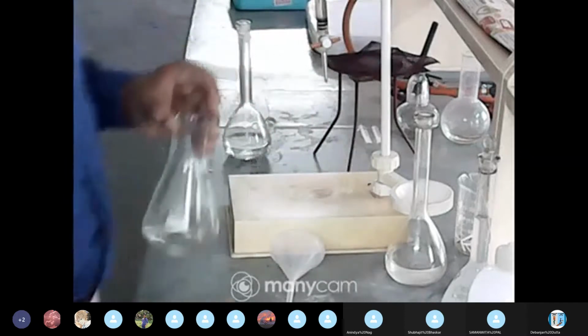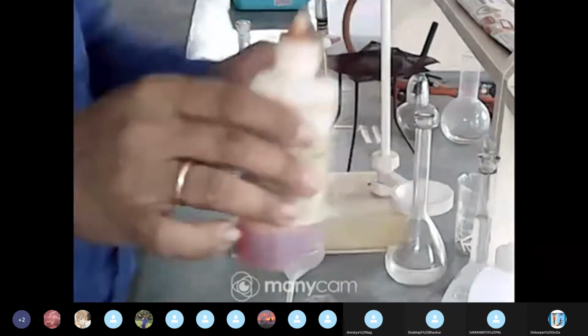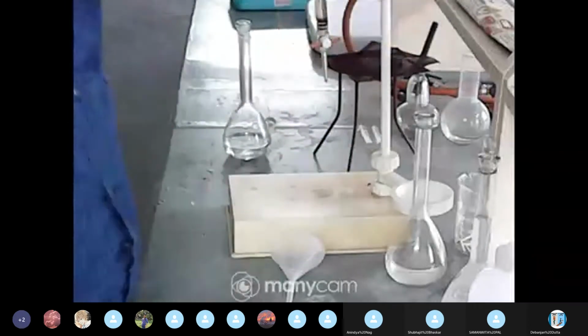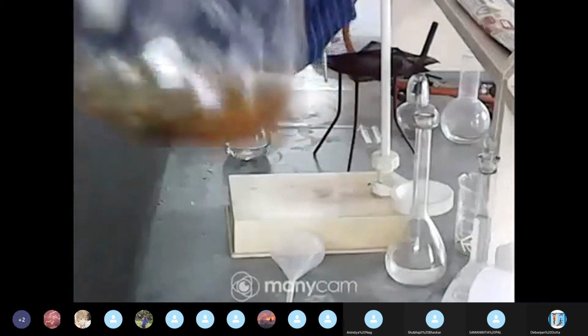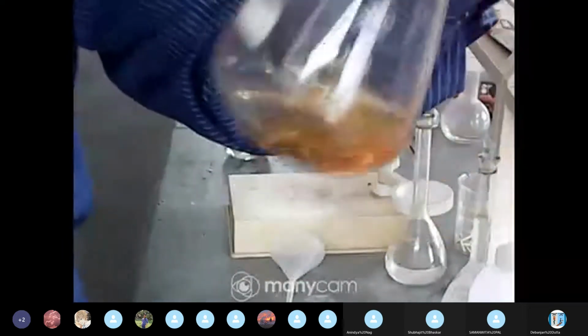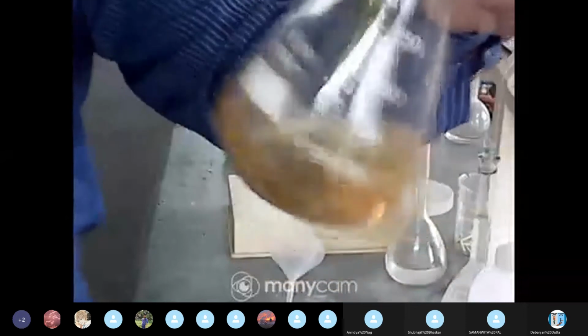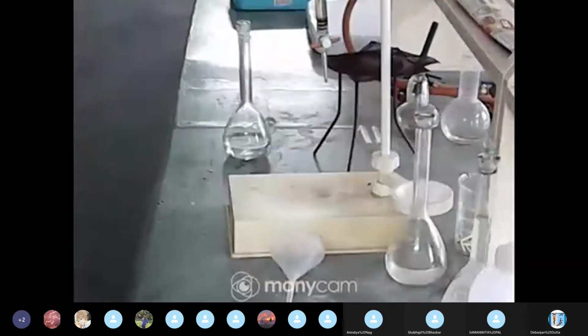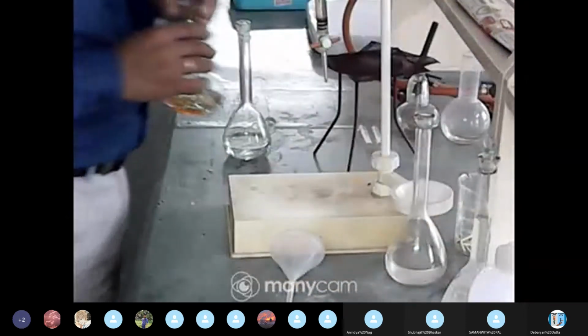Now add the indicator. This is methyl orange indicator. Observe the color change. 1 drop, 2 drops, it becomes yellow. You can see the color is yellow. Now the end point will be pink. Now we can go for the titration.